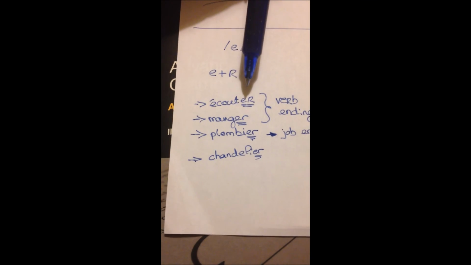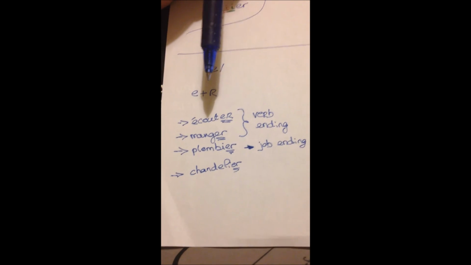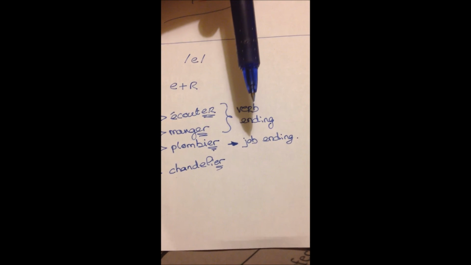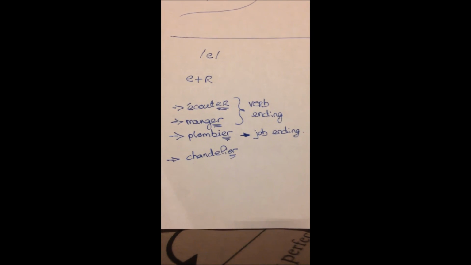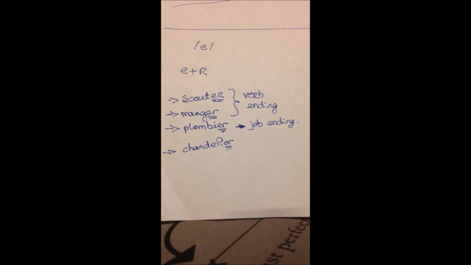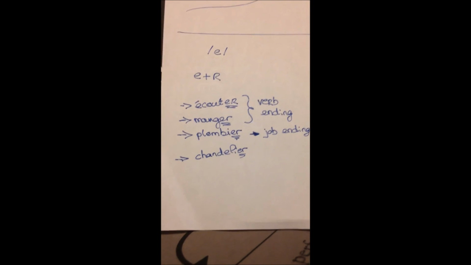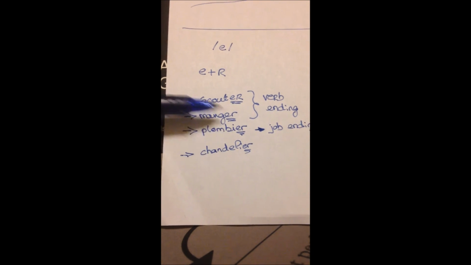So this could be a verb ending, alright? But this could be as well what I would call a job ending. It's in many words that describe a job, like plombier in French, which means a plumber. So you pronounce the B as well in French.